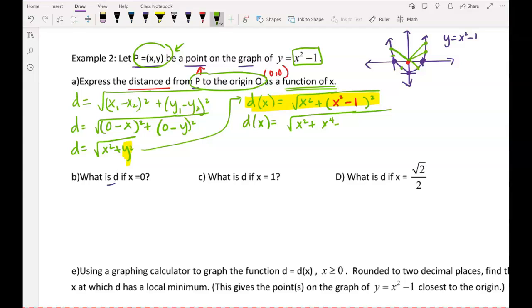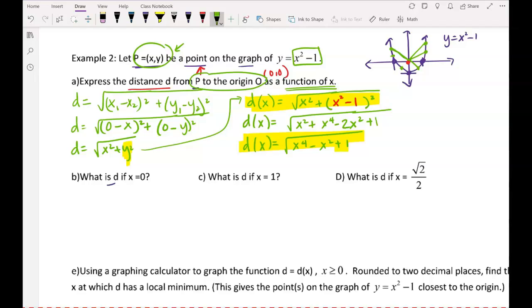In the middle, you would have negative 2x squared and then a positive 1. So after combining like terms, you would have x to the 4th minus x squared plus 1. This will also be acceptable. Again, you don't have to FOIL, but if you do FOIL, that's what you would get.